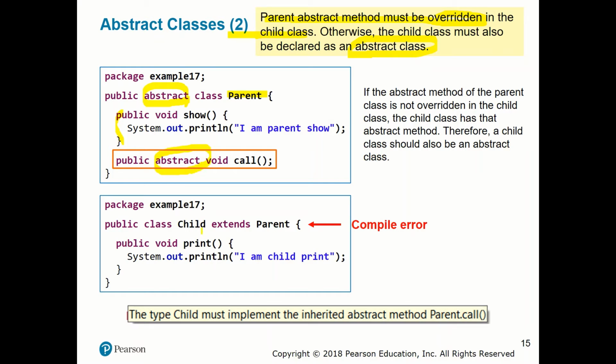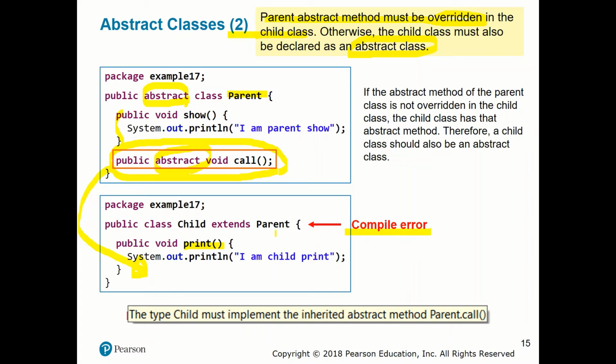And here in the child class, there is only one method, the print method. So this means that the abstract method is not overridden in the child class, because there is no overriding call method. So this is an error. Okay?